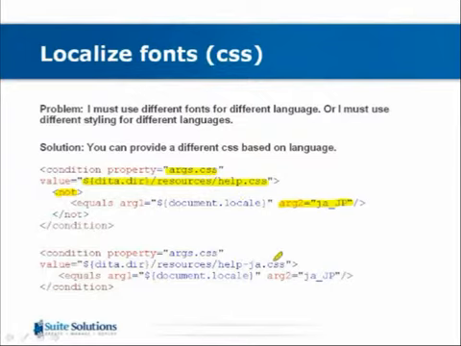And then we can say, give me the Japanese version of my CSS when the language is Japanese. So you can conditionalize that property. You don't have to just say, here's your property. You can conditionalize anything that you want.